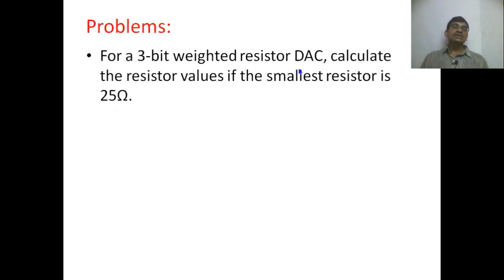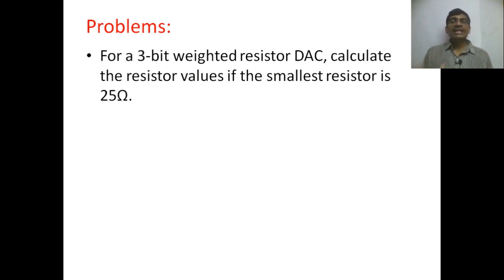Next we are going to see the problem for a 3-bit weighted resistor DAC: calculate the resistor values if the smallest resistor is 25 ohms. This is the last problem we are going to discuss in unit number 5. In a binary weighted resistor DAC, the resistor values are R, 2R, 4R, 8R and so on.